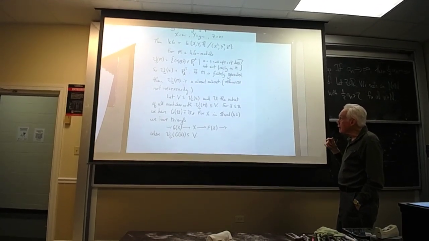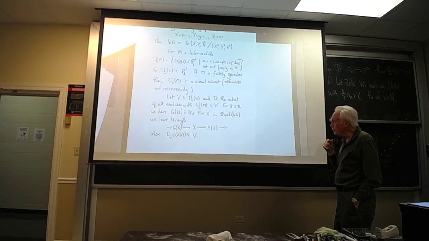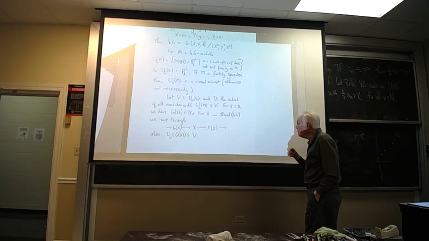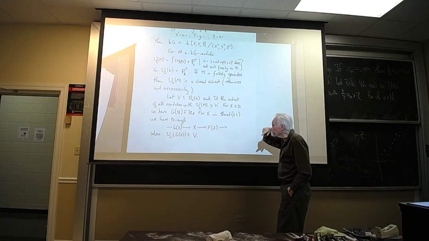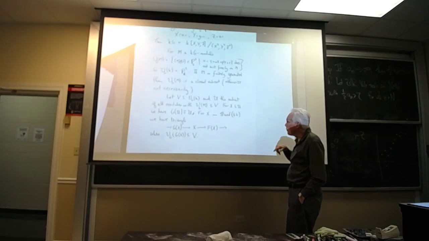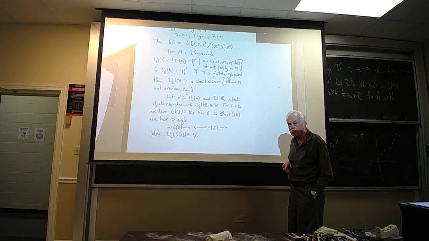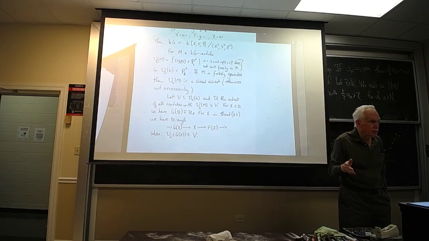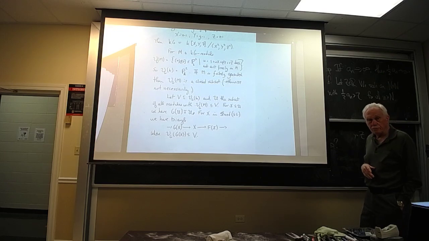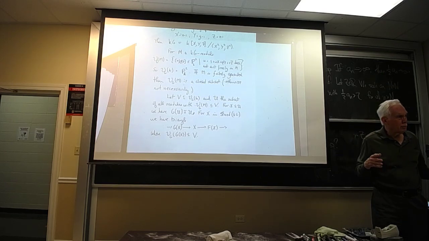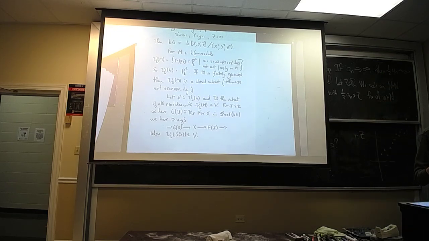Well, if V is some subset of that, and U is the set of all modules with V_G(M) contained in V, then this U is one of these localizing thick tensor ideals. And vice versa. If you've got a localizing thick tensor ideal, then you have some subset V with this condition. Okay.